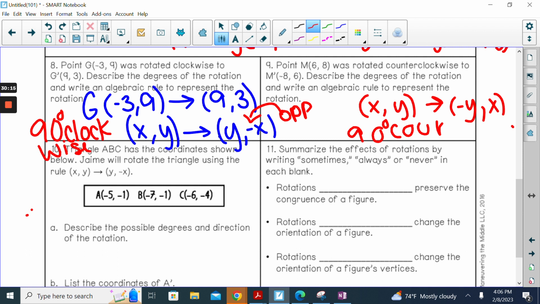Which would be 270 degrees clockwise. Because that would match up with problem 6, counterclockwise.